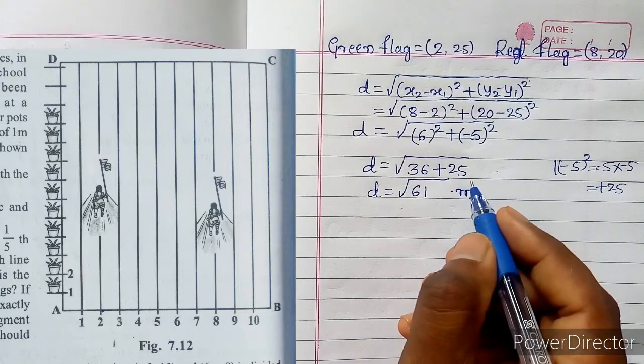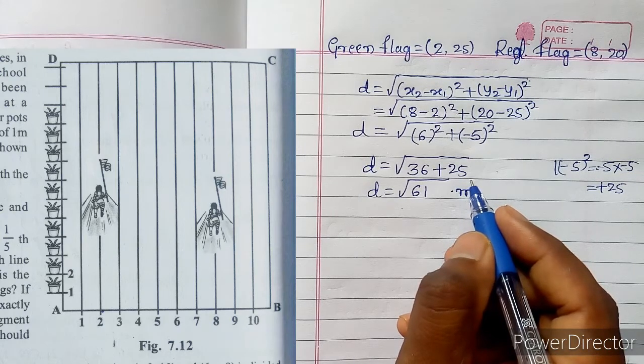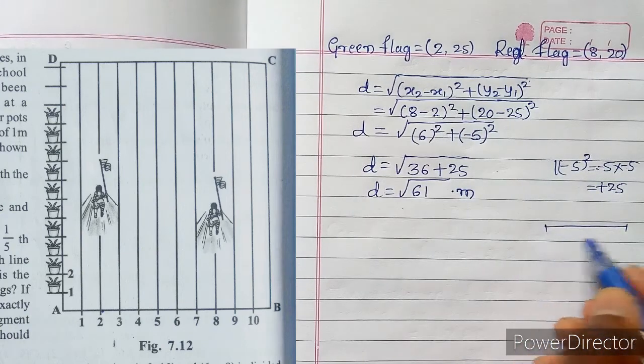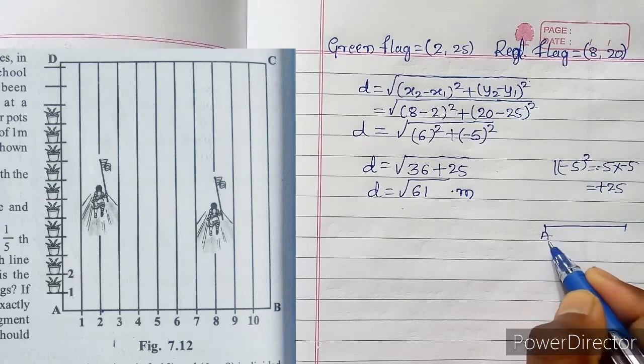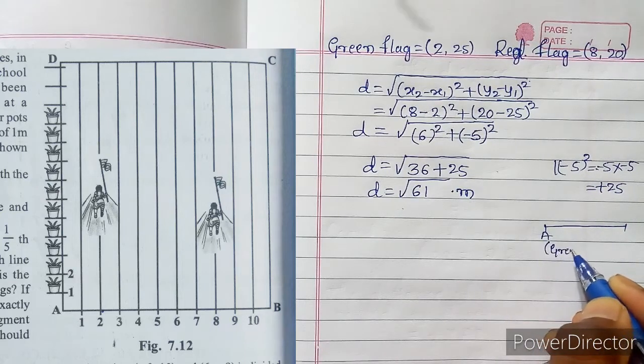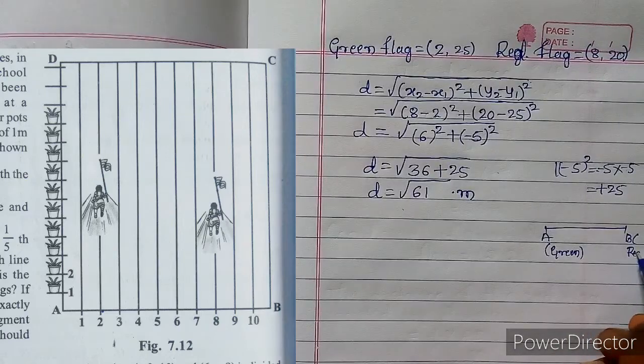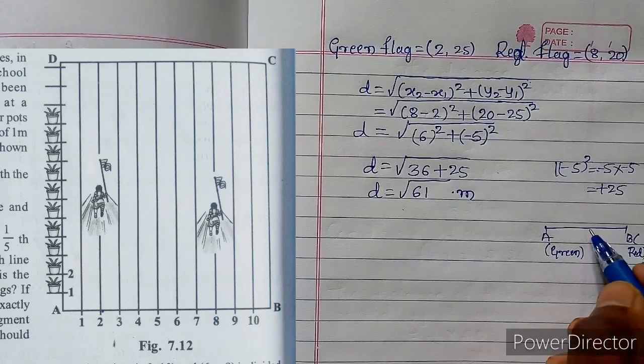Then next question: if Rashmi has to post a blue flag exactly halfway between the line segment. For example, in this line segment, A is the green flag and B is the red flag.